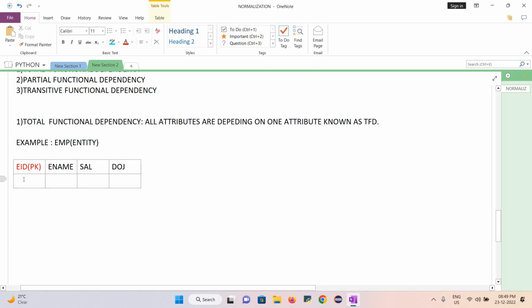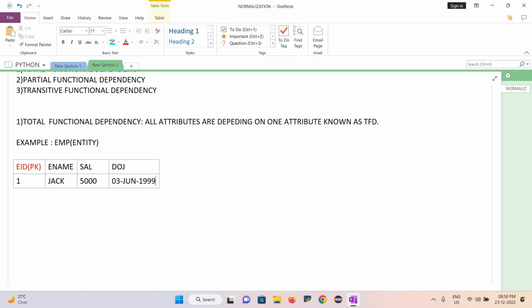And let me give some values. This is 1, Smith. We always use Smith, and now I go with Jack, and Jack's salary is 5,000 and date of joining is 03 June 1999.